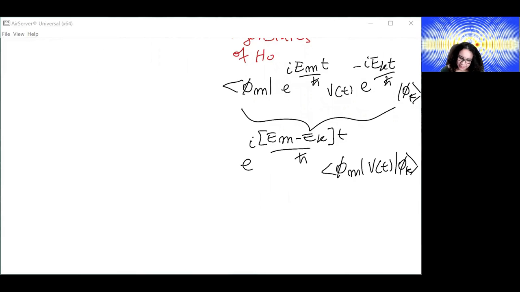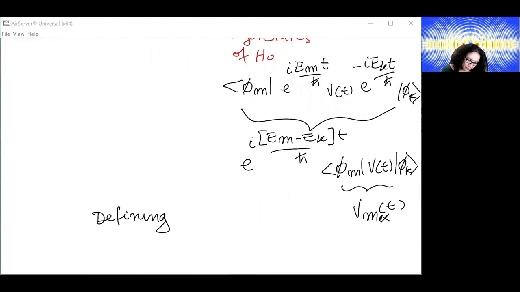This is a matrix element V_mk(t), and we can call these here, we define, (E_m - E_k)/h-bar. This is a Bohr frequency, omega_mk.